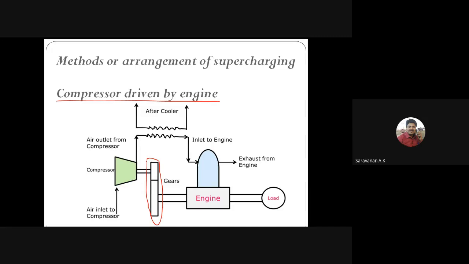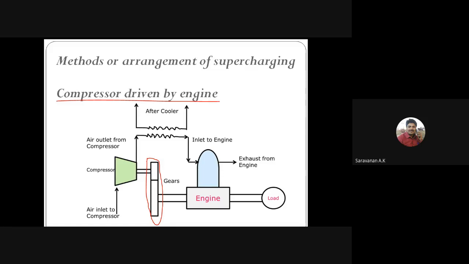A certain engine output is used to run the supercharger or compressor. So the net output of the supercharged engine is greater than the gross output of the naturally aspirated engine. The net output increase due to supercharging is obtained by subtracting this power from the gross output.